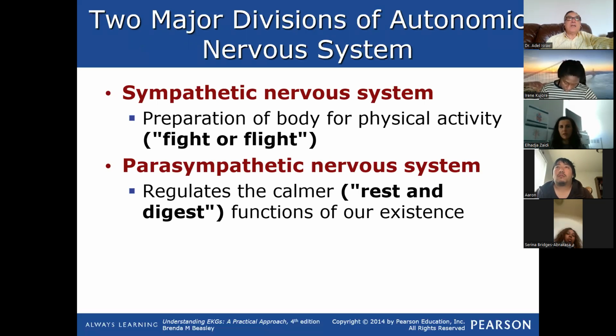And the parasympathetic, like you are going to take a hot shower before bed, and you drink milk, and all of this makes you relax and go into a peaceful sleep. So it is for rest and digest. Remember this description. It is important in the exam. Fight and flight for sympathetic. Rest and digest for parasympathetic.